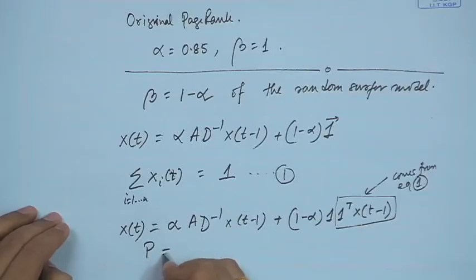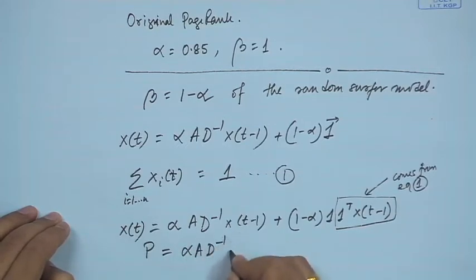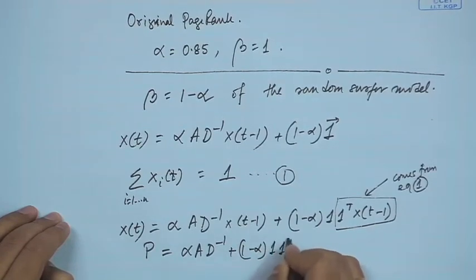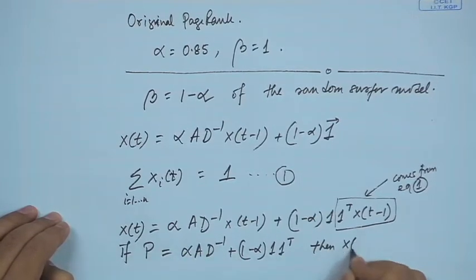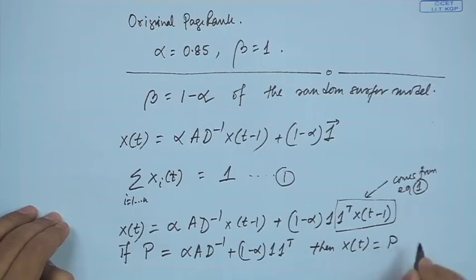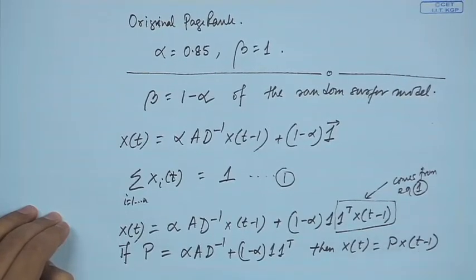Okay. So now if we consider P equal to alpha A D inverse plus 1 minus alpha 1 1 transpose, then we can write x t is nothing but P x t minus 1.